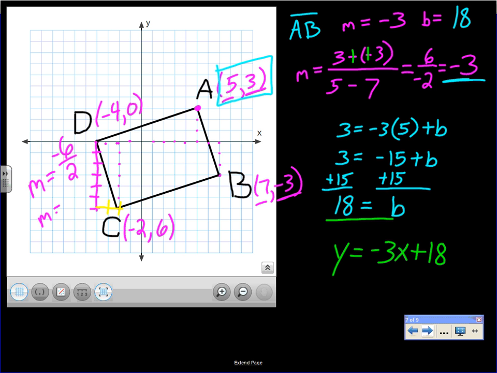So our slope here is going to be a negative 3. And we can see that they do have the same slope. So those two segments are going to be parallel because they have the same slope.